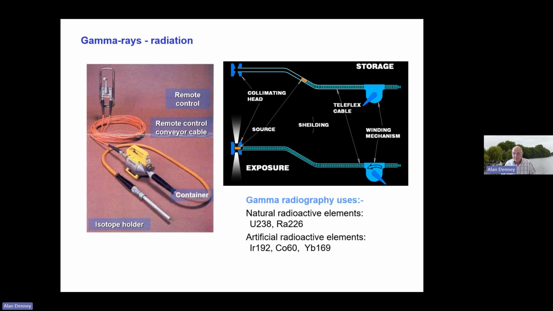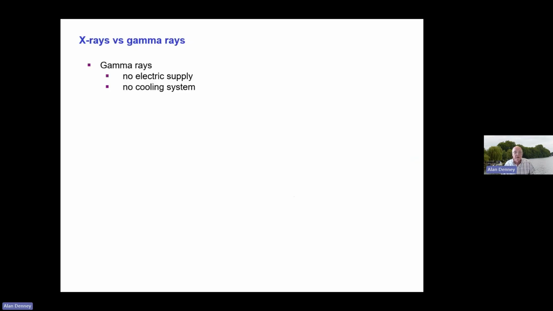There are others, and of course it's for the radiographer to know what source to use for any particular application. But if it was a very thick material, you might use cobalt-60, which is more powerful than iridium-192, I would say. And there are also sizes of the sources. That's where the specialist is involved, of course.